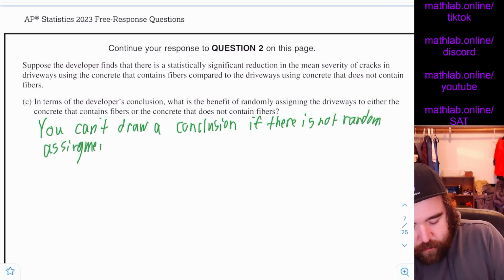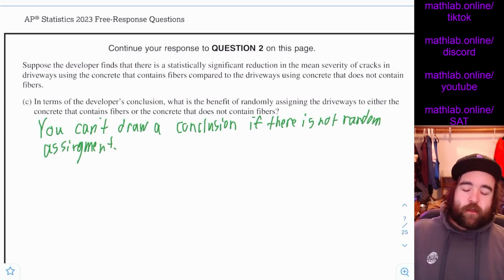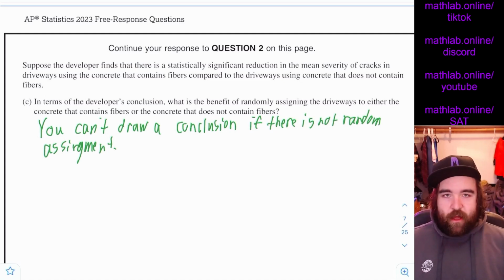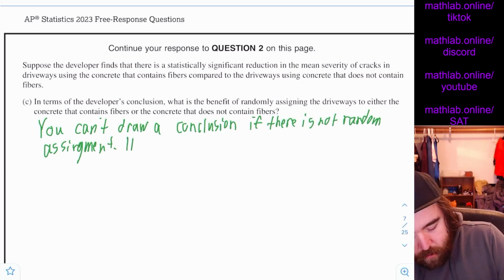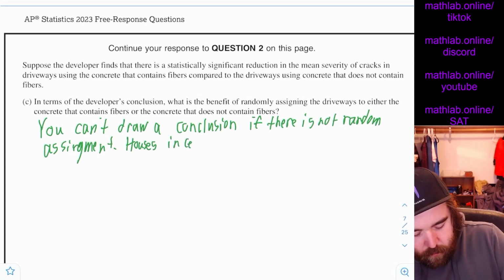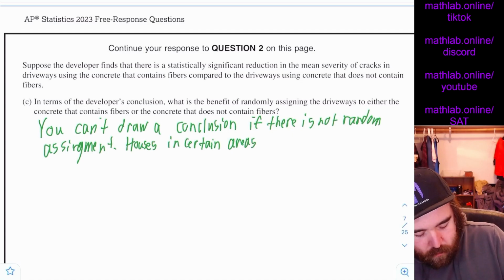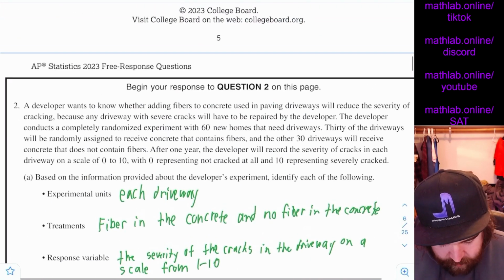And then we'll include a quick little context bit too. So we would say something like, houses in certain areas. I mean, are they all in the same town? Does it say that?